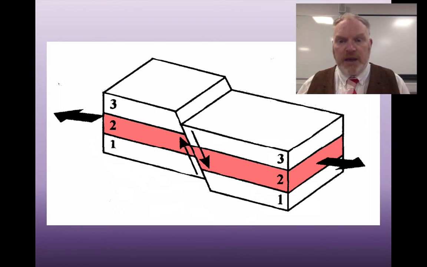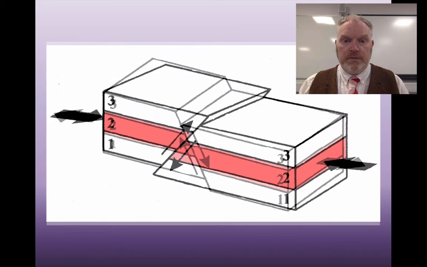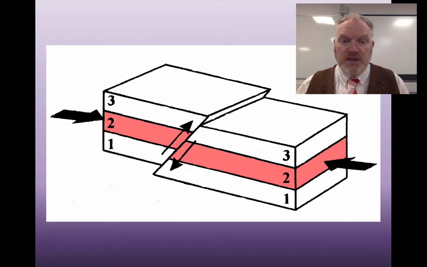That helps you pick out a sort of key, what we call marker bed, so you can see how the displacement has worked. So this is our first model, which is a dip slip fault. This is our second, also a dip slip fault.